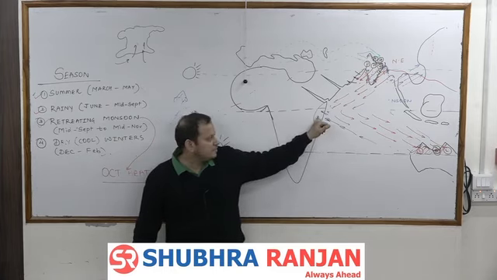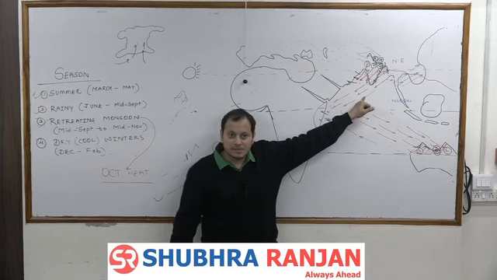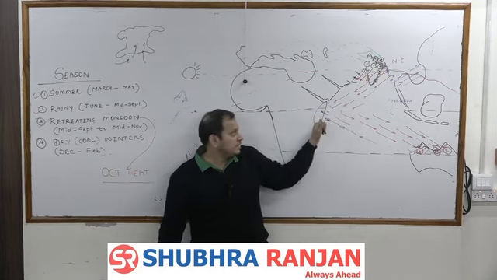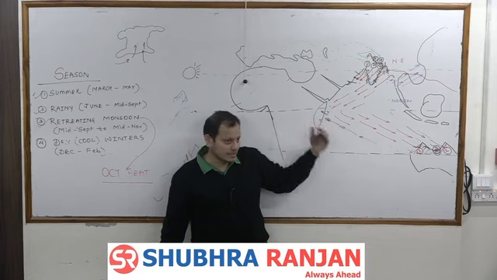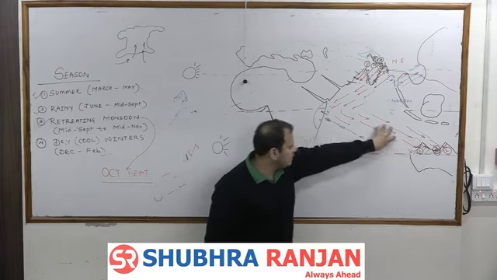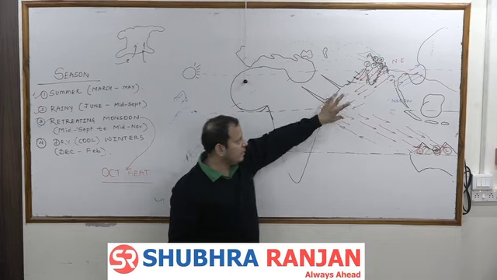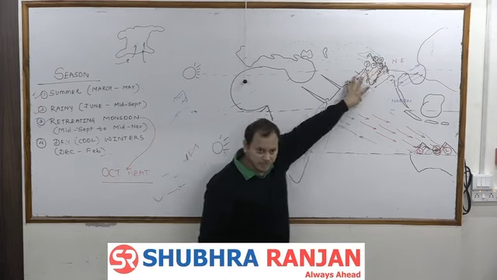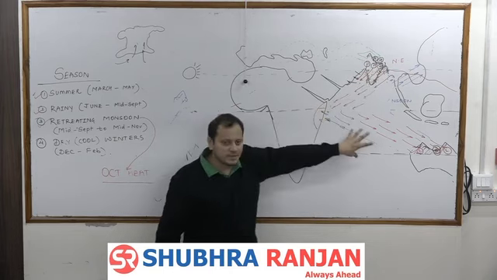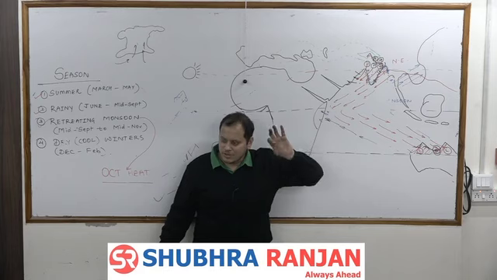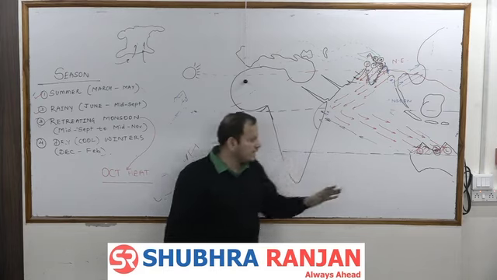What is the difference between marine type and monsoon type? Seasonal rain, seasonal winds. Here there are seasonal winds but rain throughout the year. That is, whether the wind is coming from Australia to India, it is going to hit here, giving rainfall. Whether the wind is coming from here to here, it is hitting here and giving rainfall. That is tropical marine type of climate.